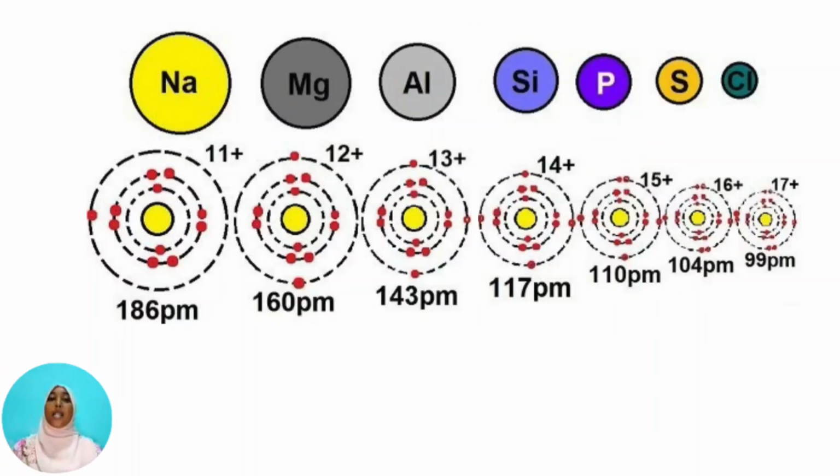As you can clearly see, as we move from magnesium to chlorine, the number of protons increases. Because of the increase in the number of protons, we have an increase in the effective nuclear charge. The force of attraction between the protons within the nucleus and the electrons is going to be stronger.